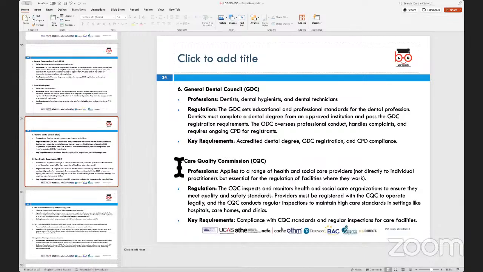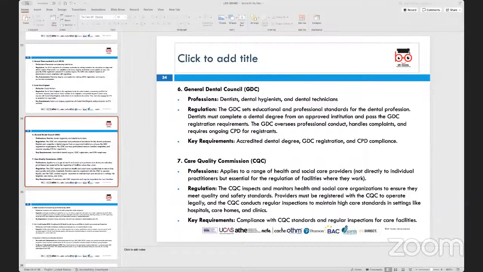You'll have the Care Quality Commission, which is quite important because this is the body which basically creates all the policies and procedures which hospitals, any sort of department within the NHS has to conform with, and they are regulated by that. So, the Care Quality Commission is an independent regulator.